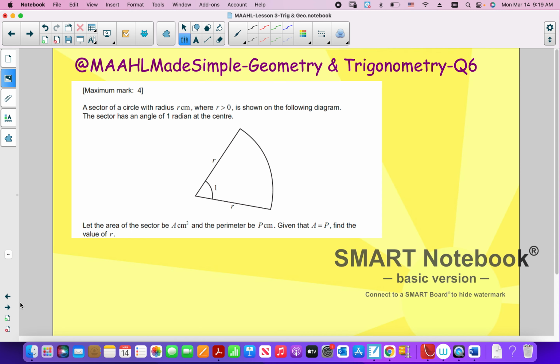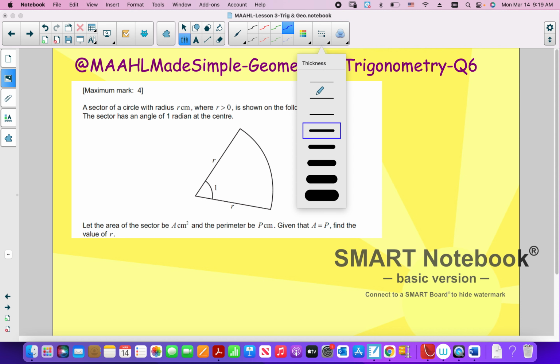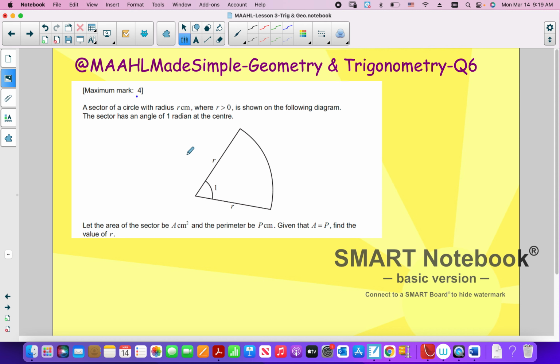We're given a sector, and they told us R is greater than 0, meaning positive, and the central angle is 1 radian. Also we were told that the area of the sector is equal to the perimeter.